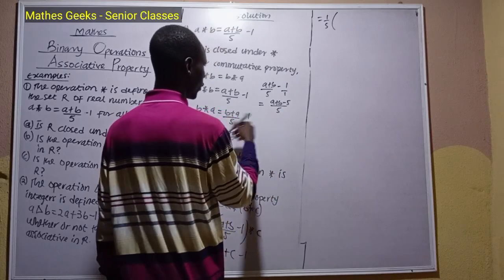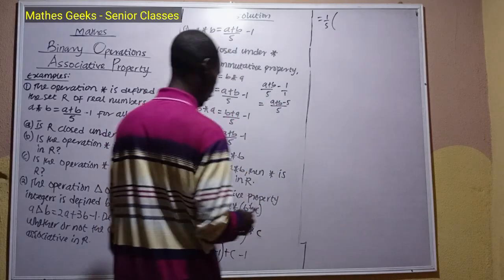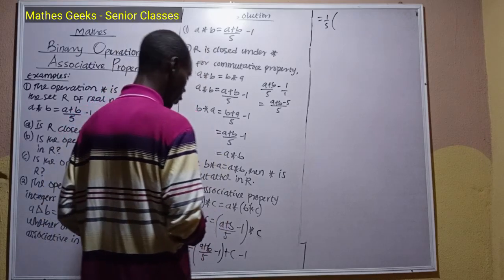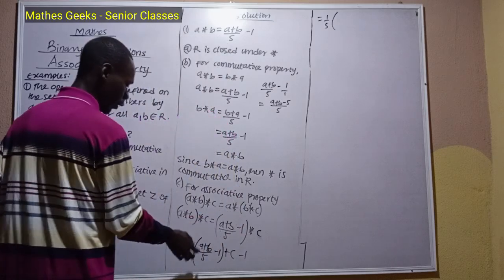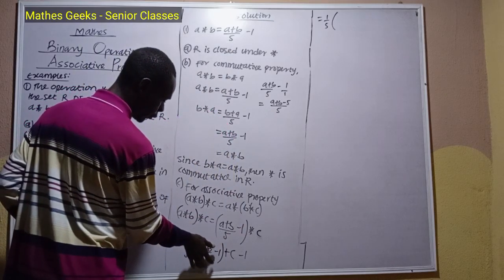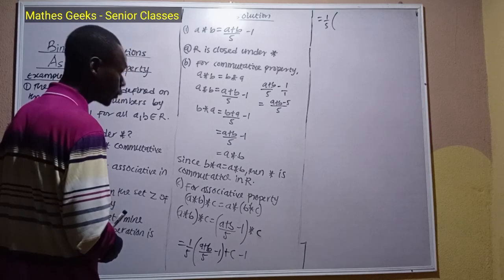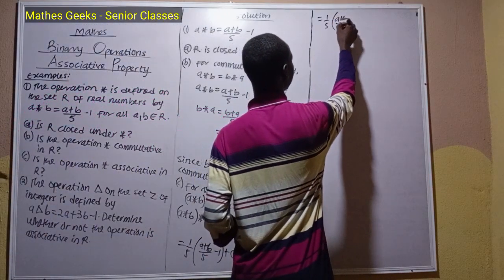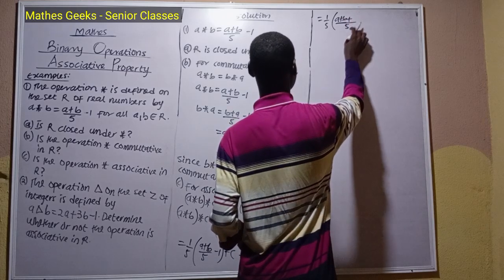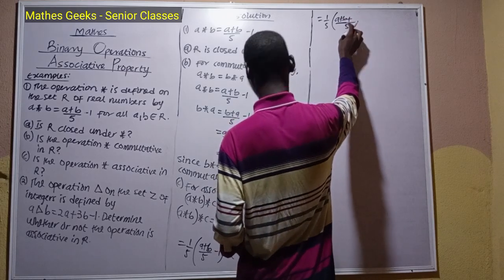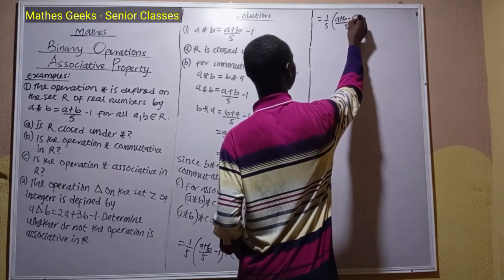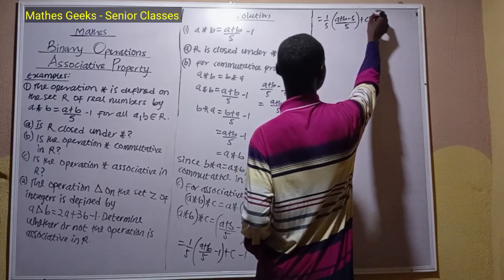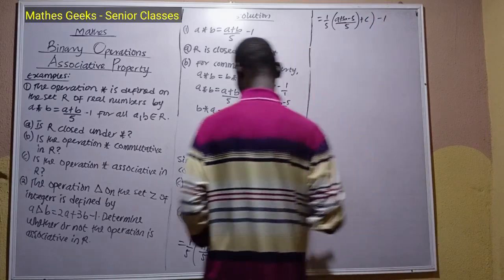So let's put this here: (A plus B) over 5 minus 5 over 5, plus C, and this will give us minus 1.